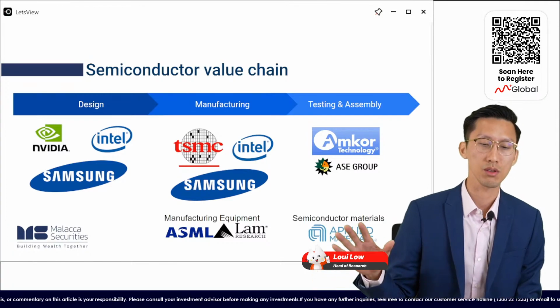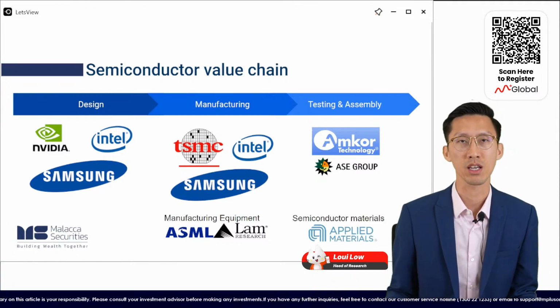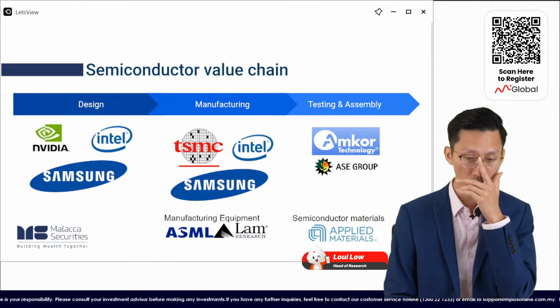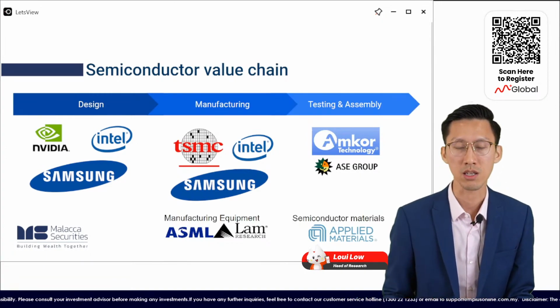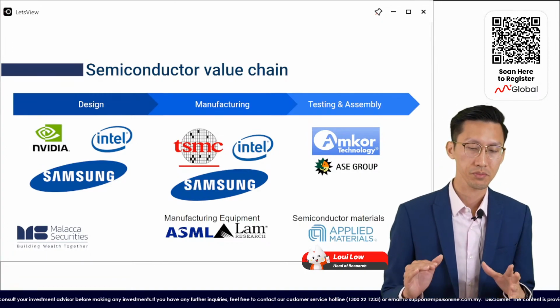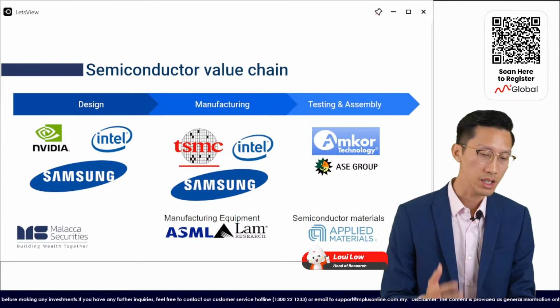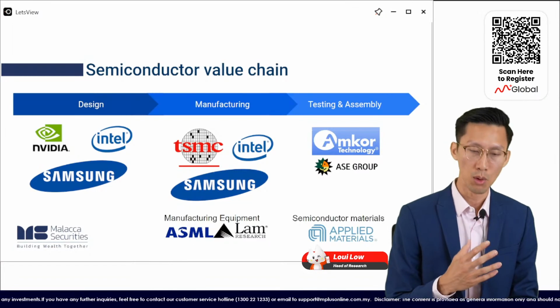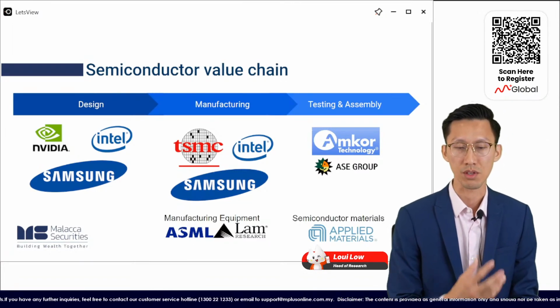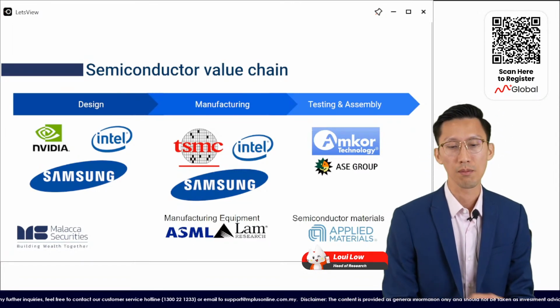Okay, so basically there are three main sections of this value chain. One is the design, one is the manufacturing, one is the testing and assembly. On the design part, Nvidia, Intel, and Samsung are the most famous in terms of these semiconductor chips.